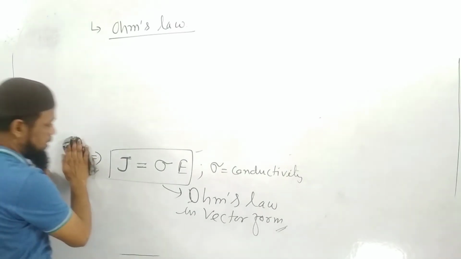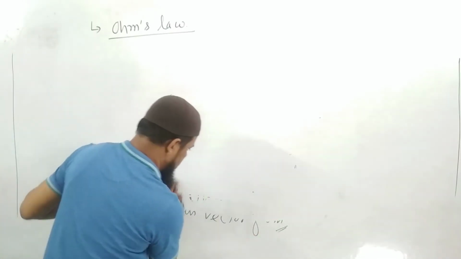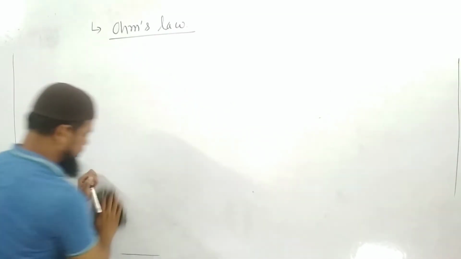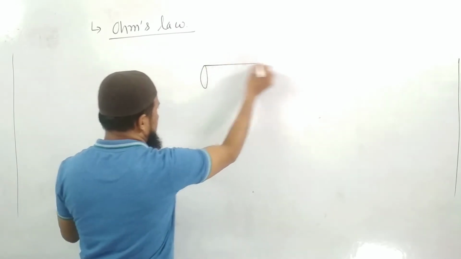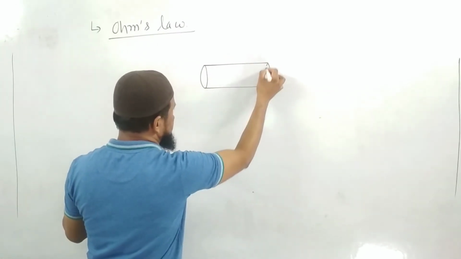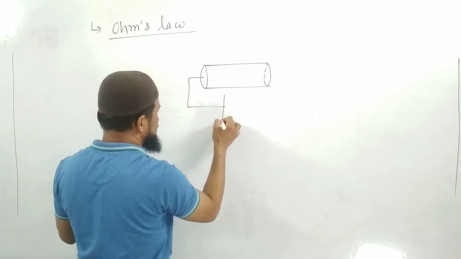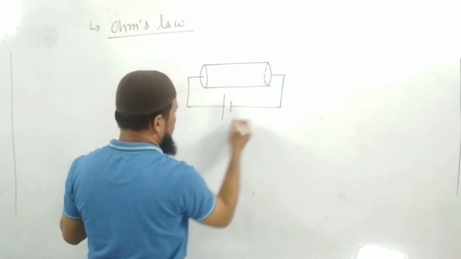I'll show you in another way. By Ohm's law, we understand in the simplest manner, let us consider a conductor, and suppose we are connecting it to a battery of V volt.